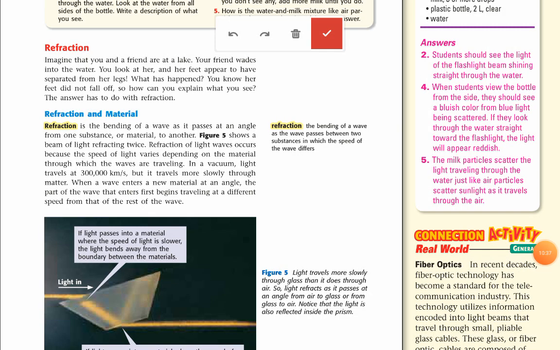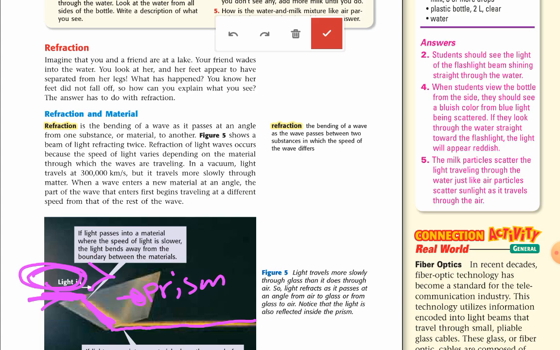So here guys, again I have light incident on this prism. This light will refract through the prism and get out of it. The speed of light here in air is more than the speed of light inside the prism.